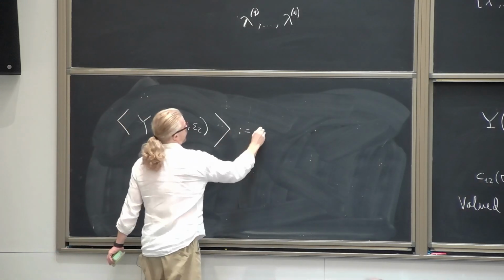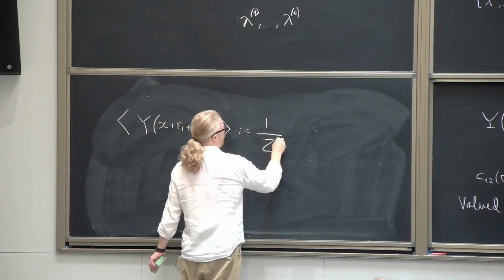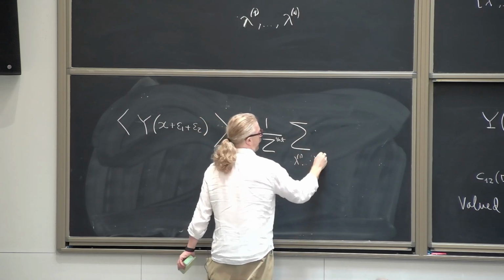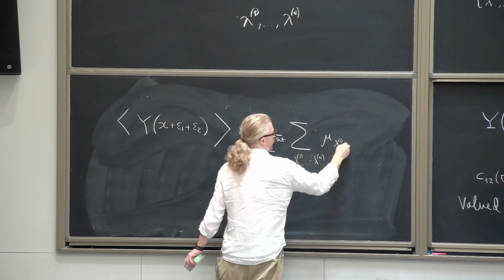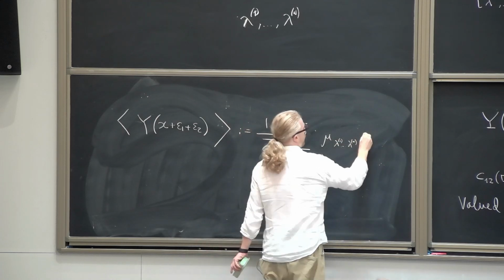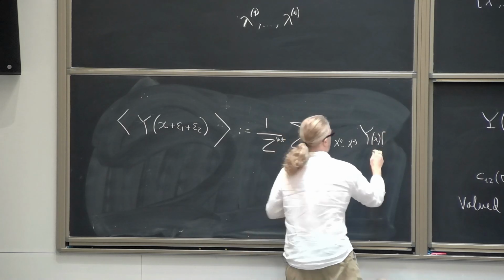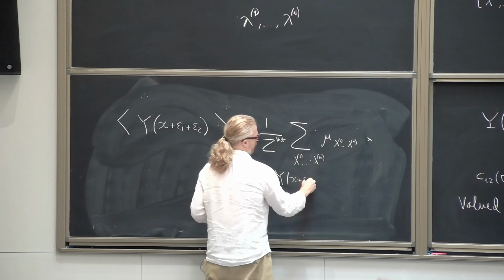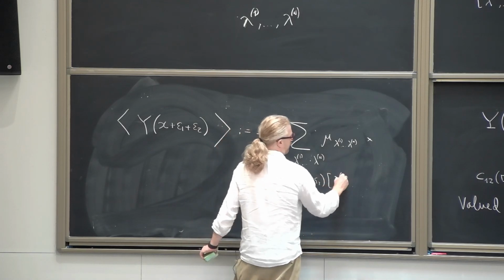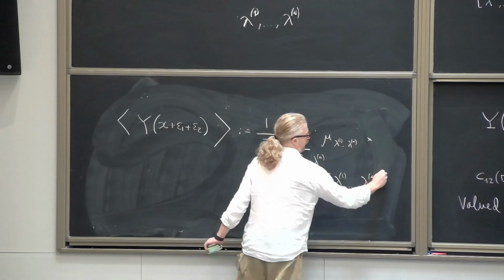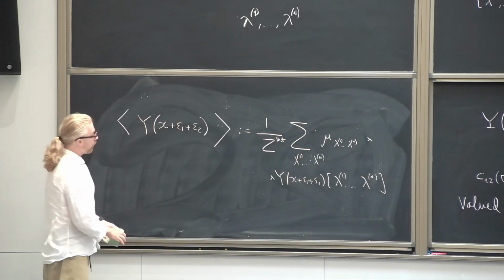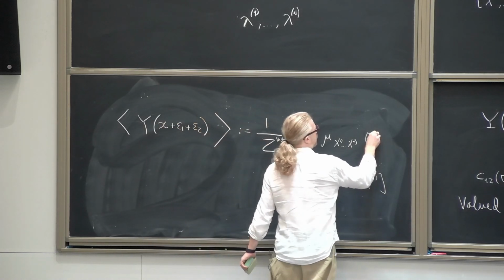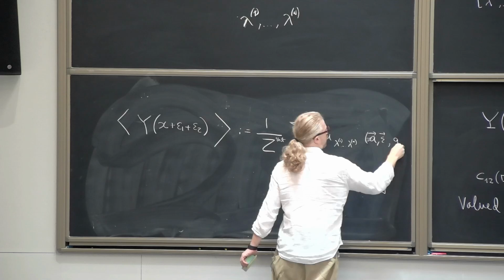By definition, I'm taking 1 over z, and then the sum over all lambdas, the measure which we had yesterday, and then evaluating y of x evaluated at lambda 1. It will be some function that depends on epsilon and q.